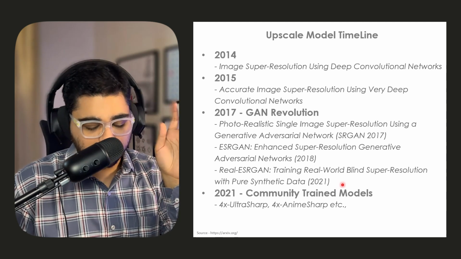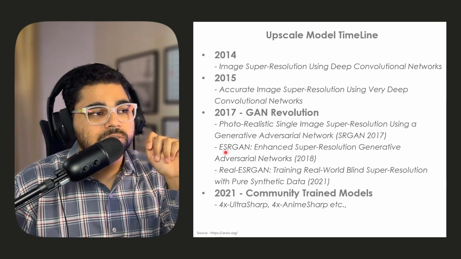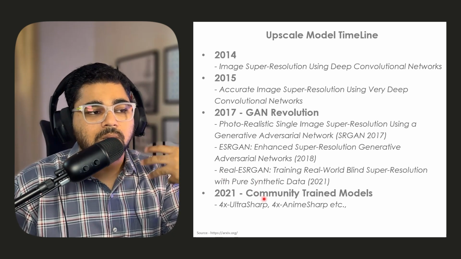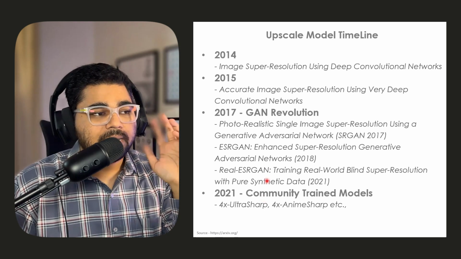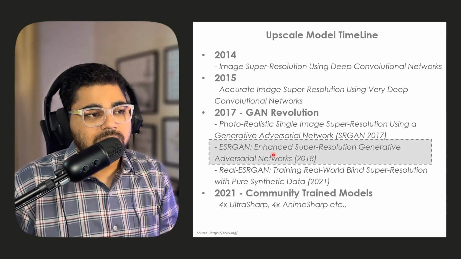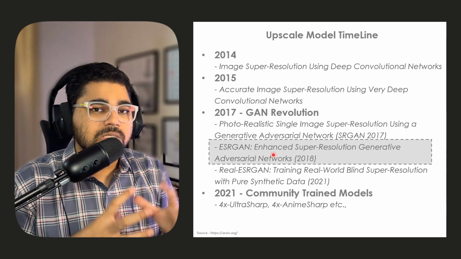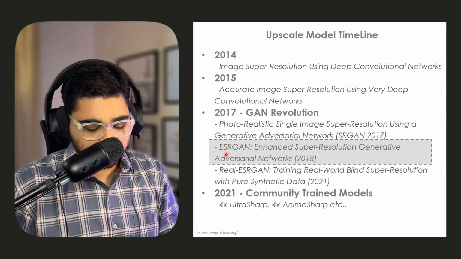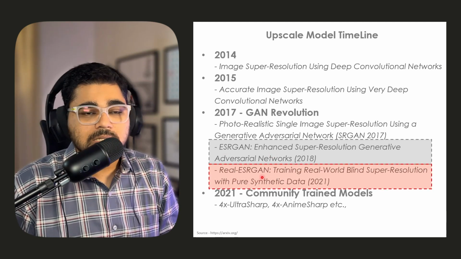All of these models focus on these two, ESRGAN and Real-ESRGAN. After 2021 we have all the community trained models, but the idea lies in these two. So the base or foundation model on which the models are trained is ESRGAN, and this one, which is Real-ESRGAN.